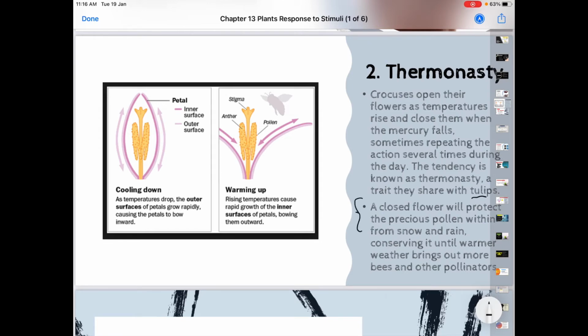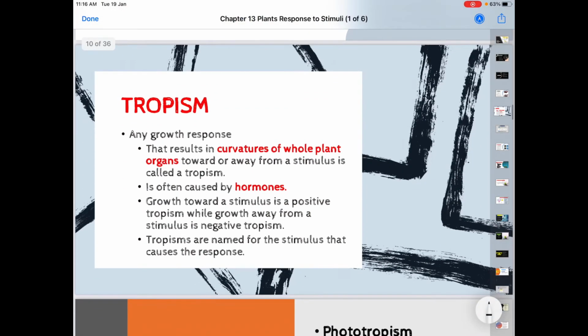So that is the importance, or the benefit, of thermonasty. It conserves the pollen until warmer weather brings out more bees and other pollinators.